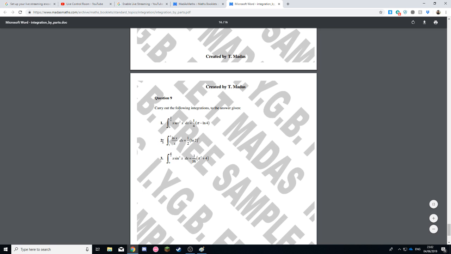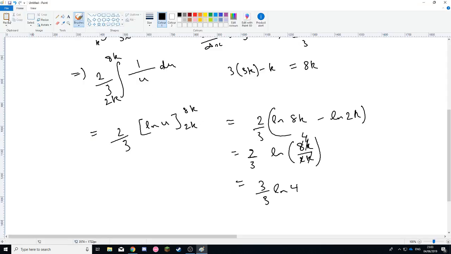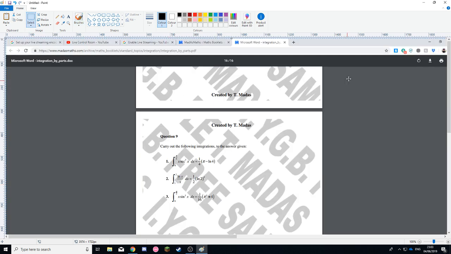Okay, let's see. I'm gonna do this one. How do I trim it? Oh, there you go. Oh crap.